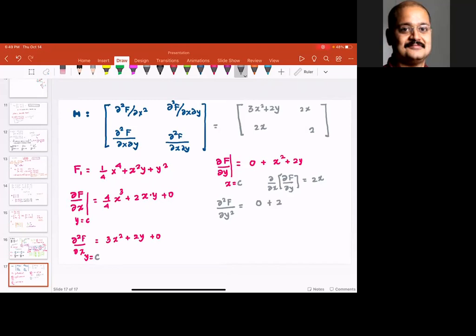So first we find the extrema. How do we find the extrema? We find the Jacobian and equate it to 0. When the Jacobian is 0, which means the first derivative is equal to 0, that is the condition for extrema. That extrema could be minima or maxima. Then the second condition is to find the second derivative and see if it is positive or negative.